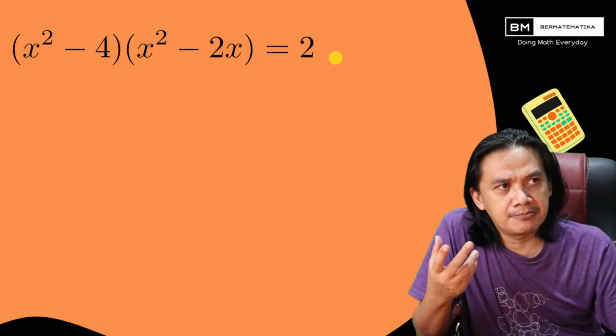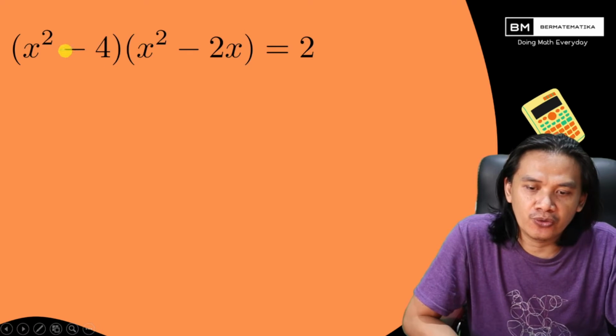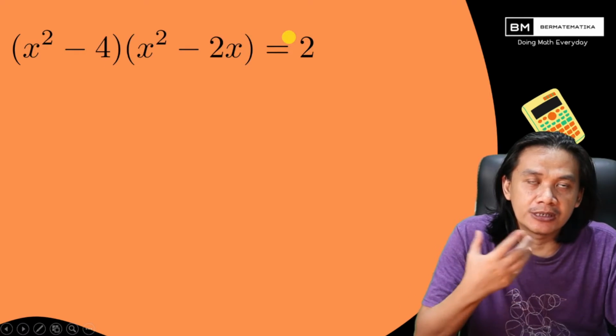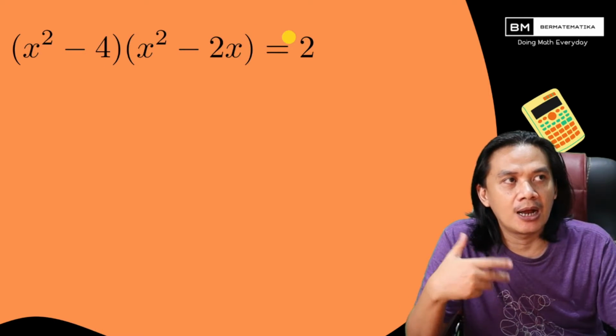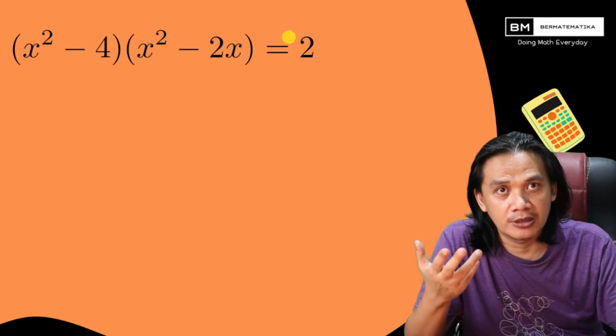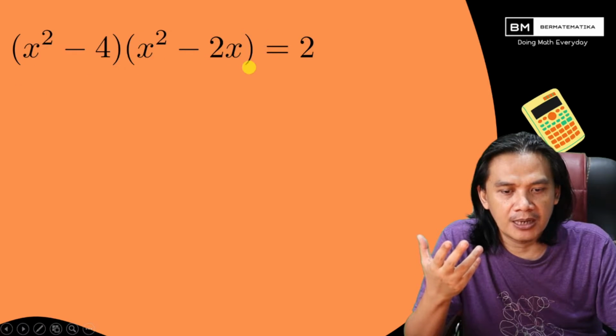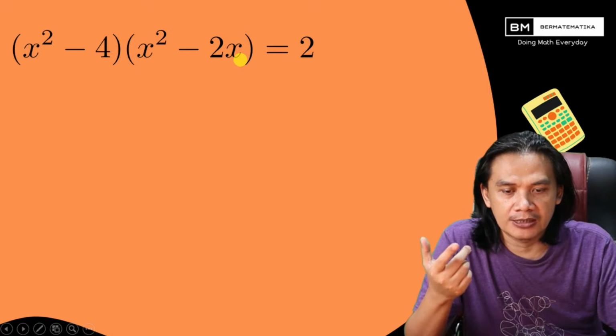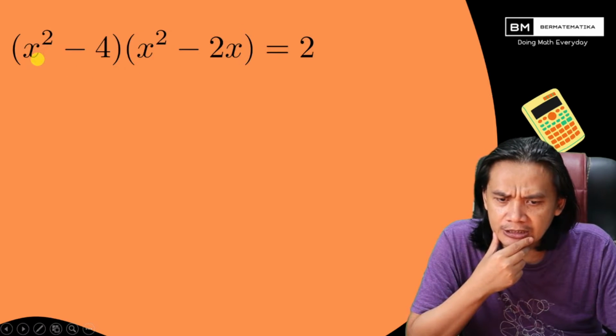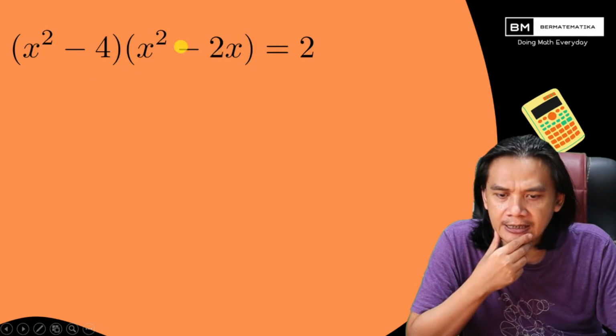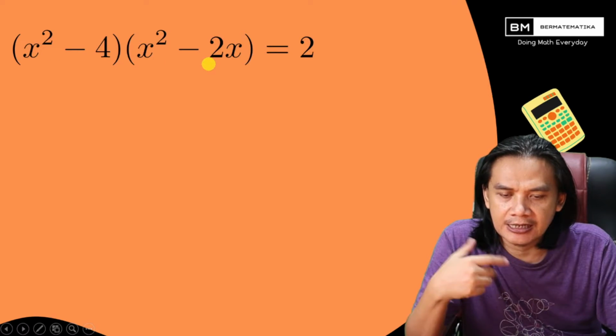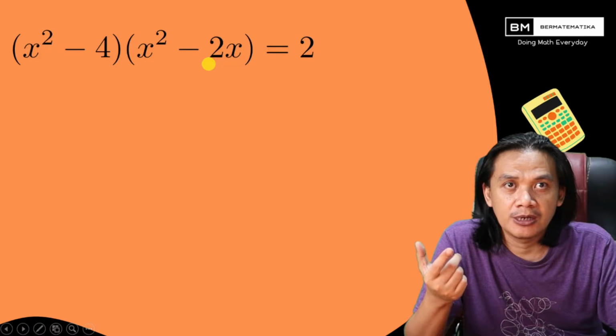So we do some algebraic manipulation to this equation in order to achieve what we want, which is to make this into a difference of two squares. Okay, so first let's look at the left hand side. We try to make the left hand side as close as possible to a square.